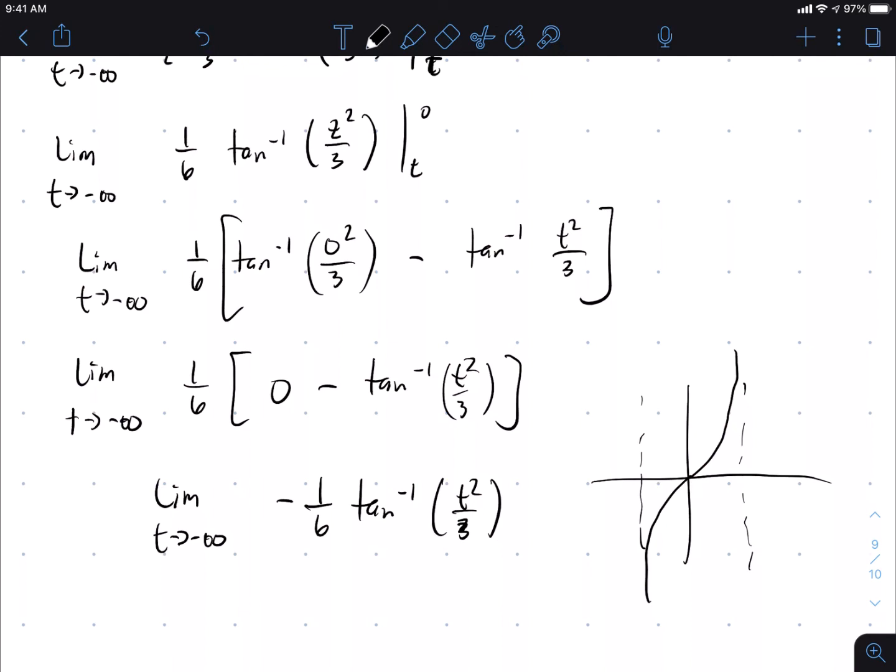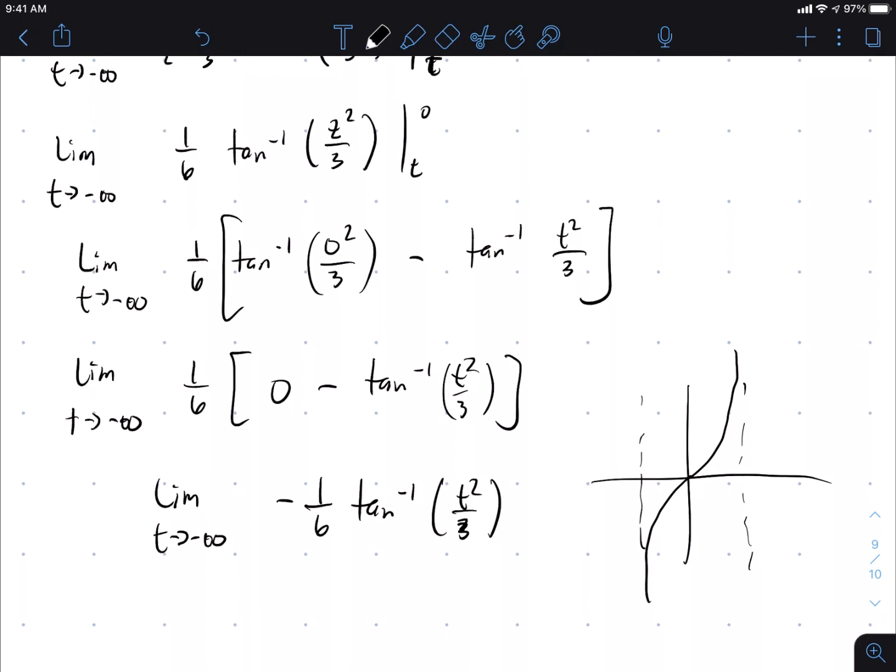So it diverges, right? Because the limit with the infinity. Well, remember, tan inverse of positive infinity is the same as asking when is tangent equal to positive infinity.